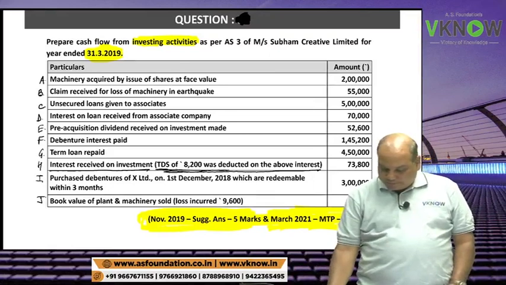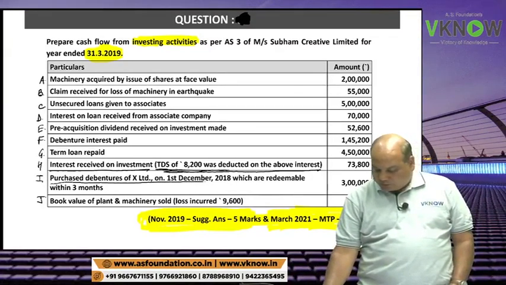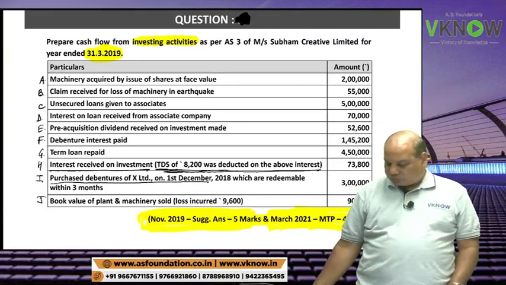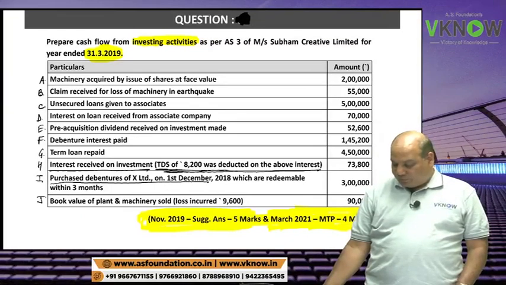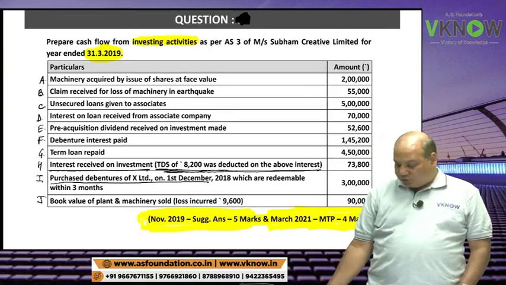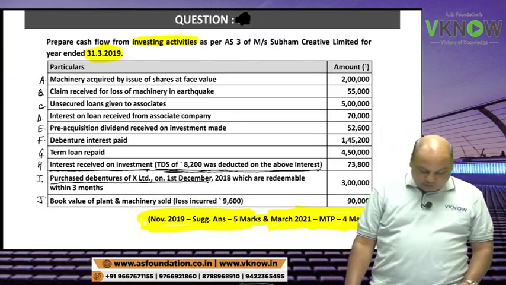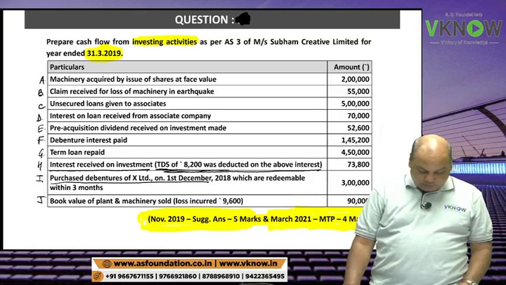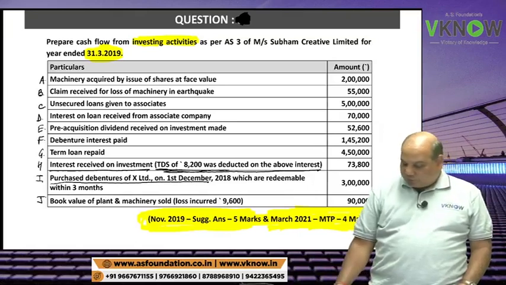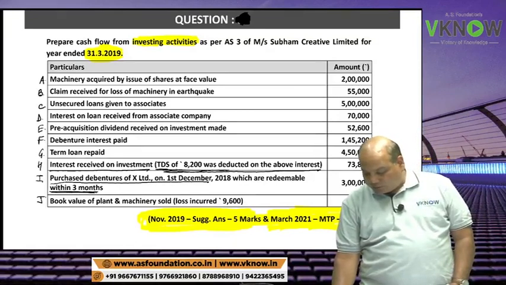Point I, purchase of debentures of X Limited on 1st December 2018, which are redeemable within 3 months.